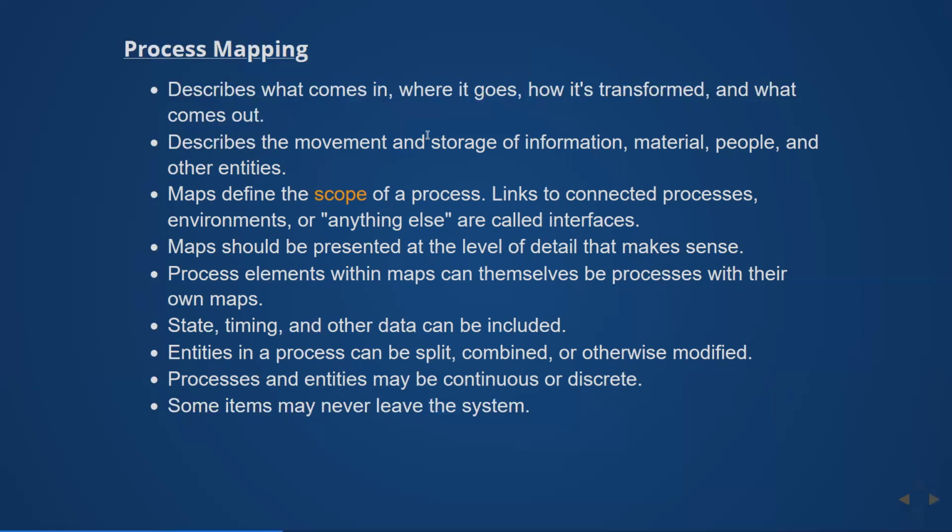Some items may move within the system or be a permanent part of the system, but never leave. Even so, you're dealing with a process. For example, when we used to simulate aircraft logistics, we'd have a defined set of aircraft in a unit or a location, and they would always be in the system.